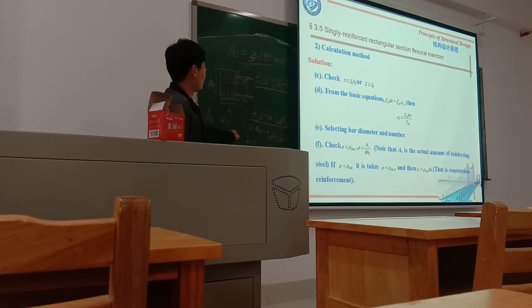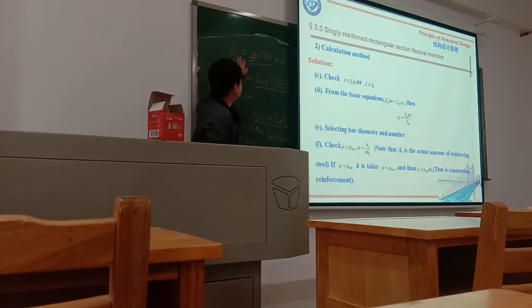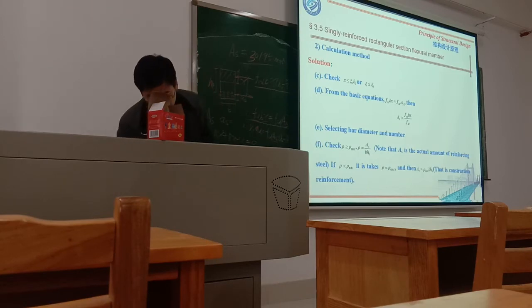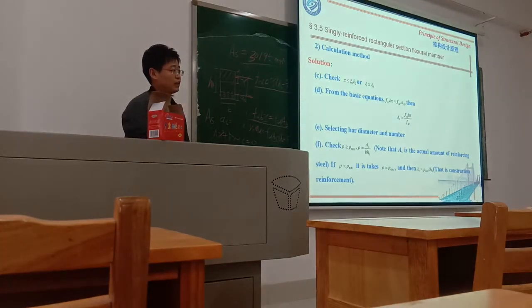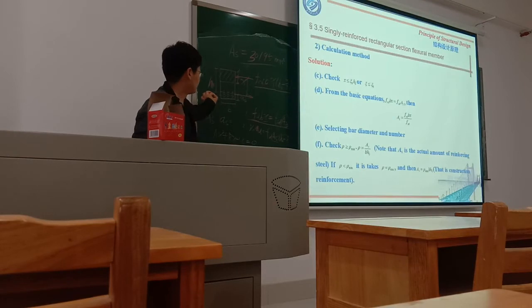Suppose the AS we need is 30195, and based on Table 1-6, select what type of diameter and reinforcement we can use, and how many.